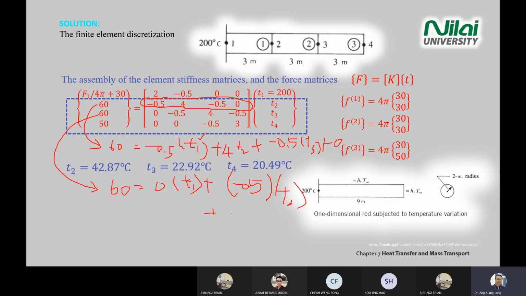The third one is 4 T3 plus minus 0.5 T4. You repeat one more time for the third equation, because the T1 value you know. So 50 equal blah blah blah. Get 3 equations, 3 unknowns. You're able to solve T2, T3, T4.